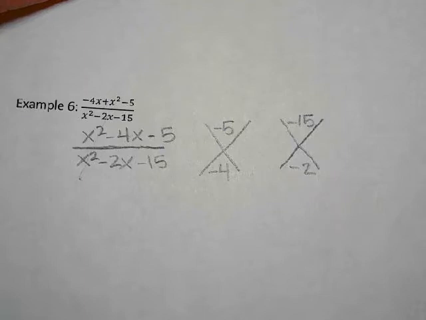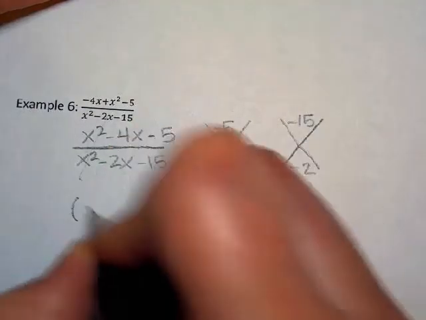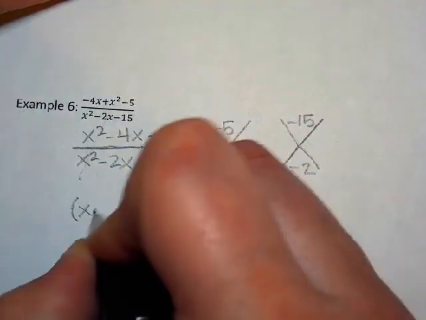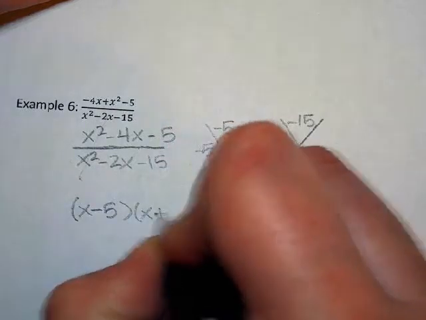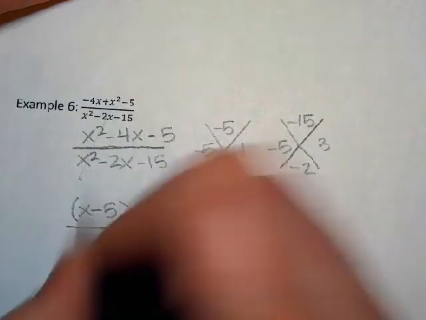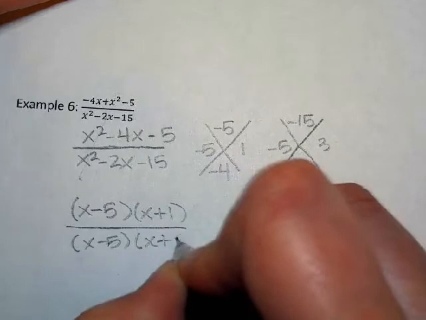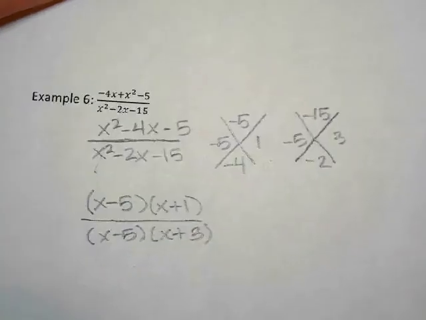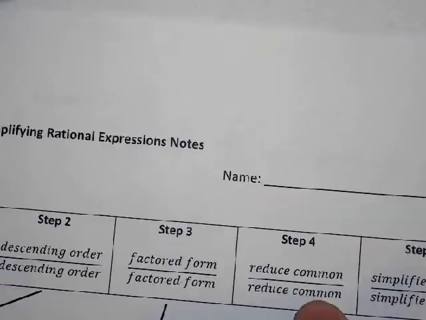Okay. And then multiply to -15, but add to -2. -5 and 3. Okay? And then from there, we can reduce the common factors.